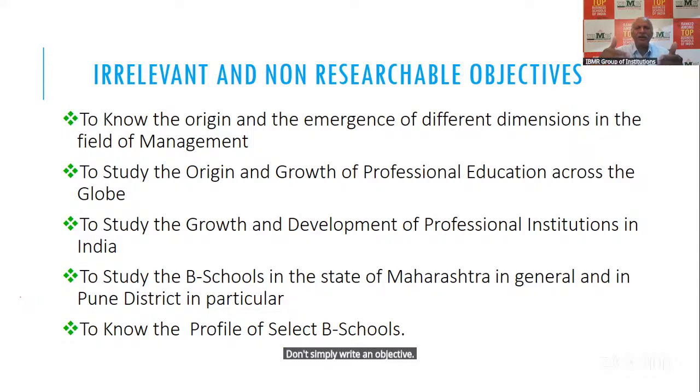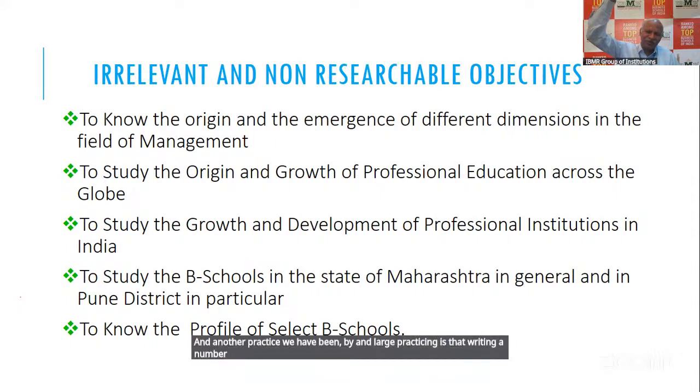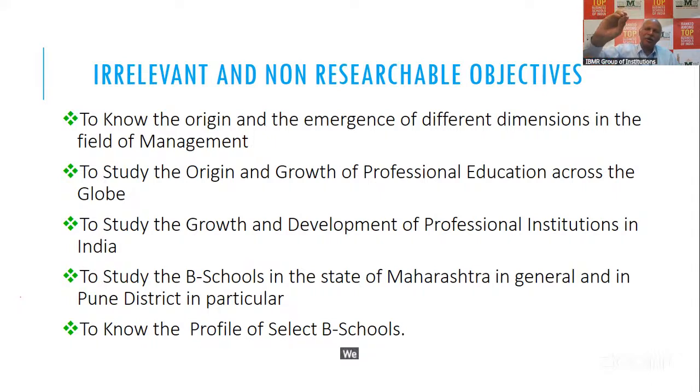Another practice we have by and large been following is writing n number of objectives. We are preferring numbers more. We are recognizing numbers: for a PhD, 2 objectives is a very small number, make it 5 because it is research work leading to a PhD.